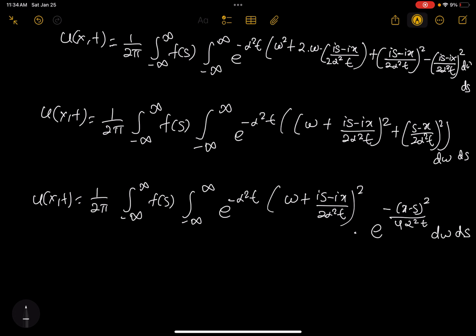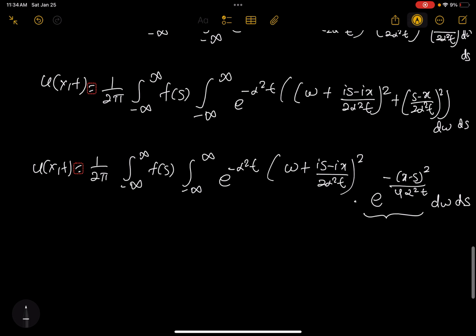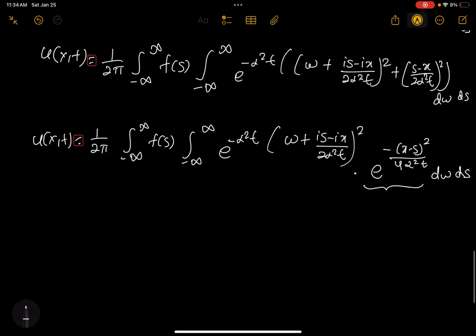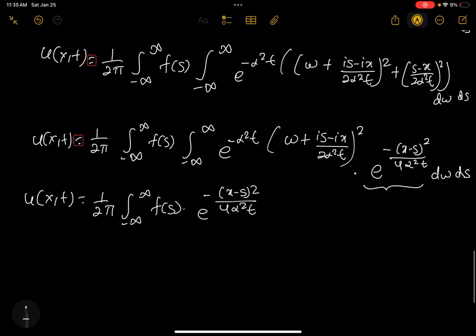Now notice that this thing over here is actually a constant for the omega integral, the integral with respect to omega. So let me take that out: integral from minus infinity to infinity of f of s, e to the power minus (x minus s) square by 4 alpha square t.